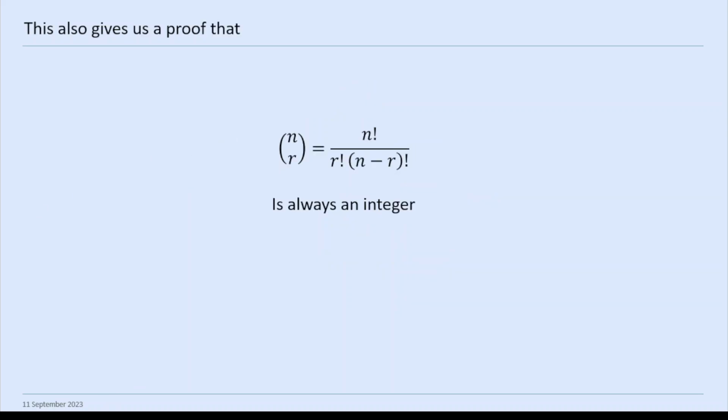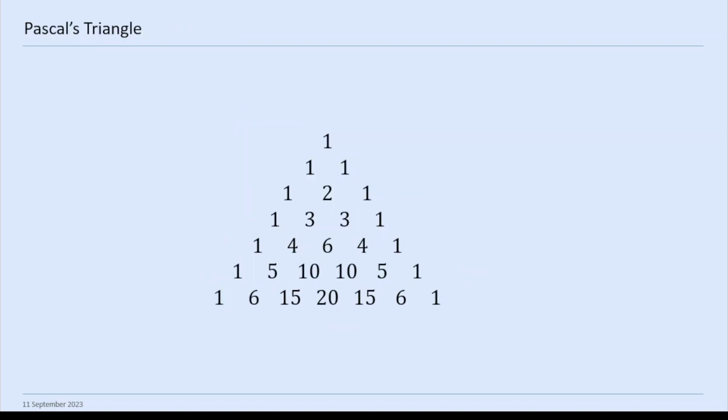Also, by the way, this gives us a proof that nCr, which is n factorial over r factorial times n minus r factorial, is always an integer, always a whole number, because it's not obvious from this that it would always be a whole number. But the way we know is this. In Pascal's triangle, we start with 1 and then 1, 1, and then every row below, each number is the sum of the 2 above it, and the sum of 2 integers is always an integer.